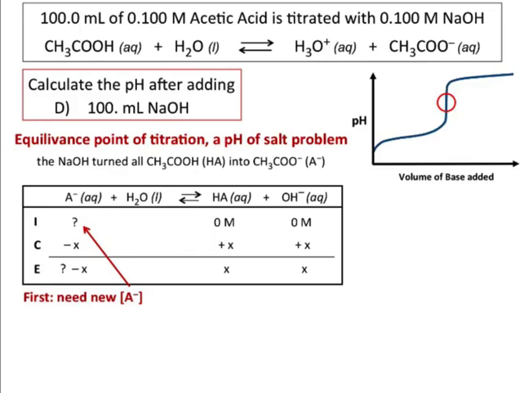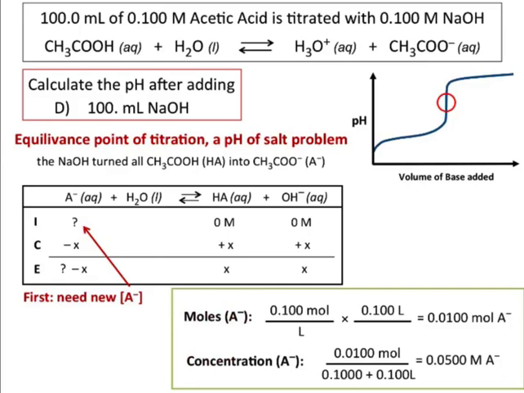Now, we also need to know the new concentration of the base. Iceboxes and equilibria all depend on concentration, so we need to know what that is. So we're going to need moles over liters. We got to find the moles first. We have a couple different ways we can do this. You can say, all right, I added 100 milliliters of sodium hydroxide, and I know the concentration of that. Or you could say, I know the concentration of acid that I started with, and then that all converted to conjugate base. Either one works.